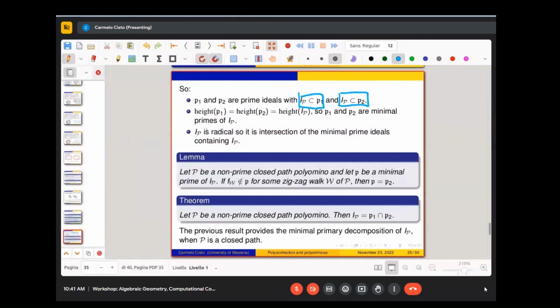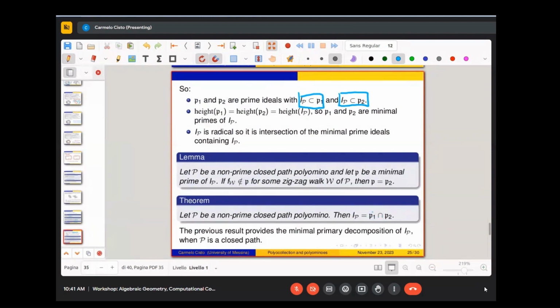Moreover, considering that, as I said before, the ideal IP is radical, using this lemma we are able to prove that there are no other minimal primes. So actually, the ideal associated to the closed path is exactly the intersection of these two prime ideals.